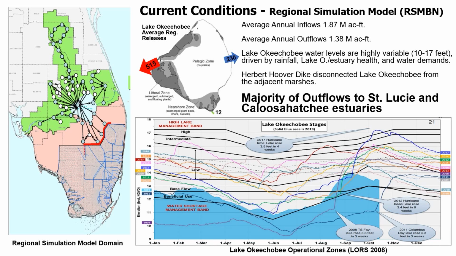Average annual outflows from the lake are approximately 1.4 million acre-feet per year, with regulatory releases made predominantly to the northern estuaries and with minimal flows to the Everglades. Current Lake Okeechobee water levels fluctuate between 10 and 17 feet NGVD based on rainfall conditions and water demands in the watershed. The boundary of the lake is now fixed, so prolonged high lake stages cause adverse impacts to the lake's littoral zone.